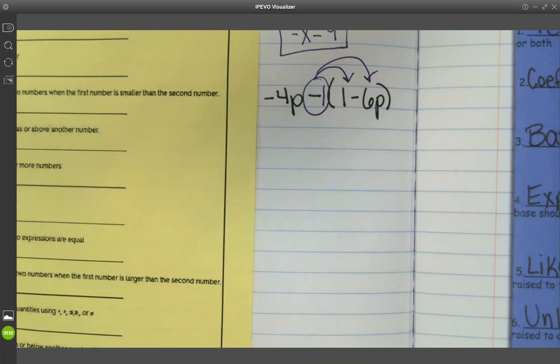So negative 4p plus 6p. You can't do that because those aren't like terms. One doesn't have a p and one does have a p. Mark that line out. Okay. Go ahead and take care of this. Negative 4 plus 6. 2p.